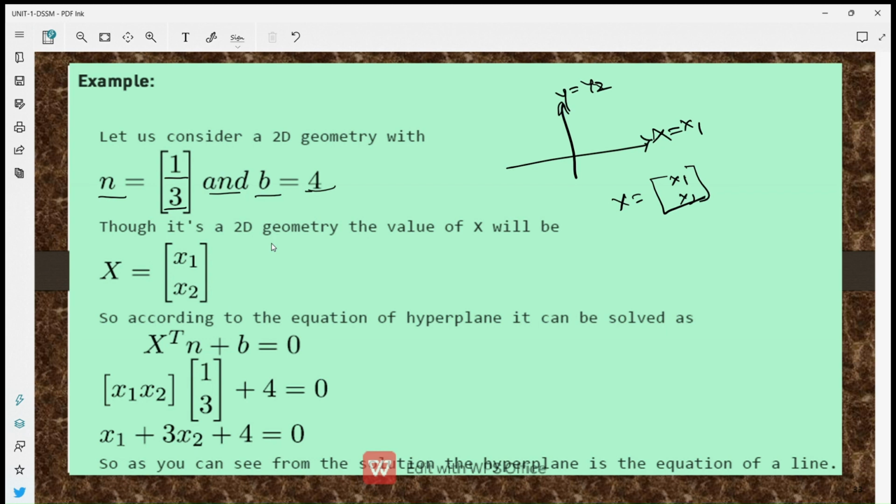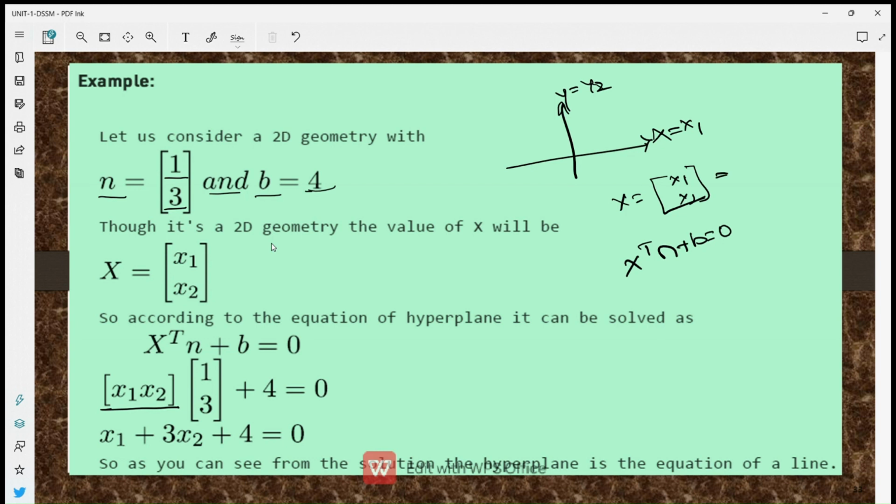As we know, the equation of this hyperplane would be x transpose n plus b equals 0, right? Here b is the constant. So I am going to transpose this x, and n is given as the vector like this. Now I am substituting this in the equation.